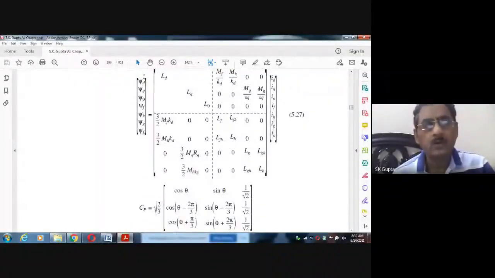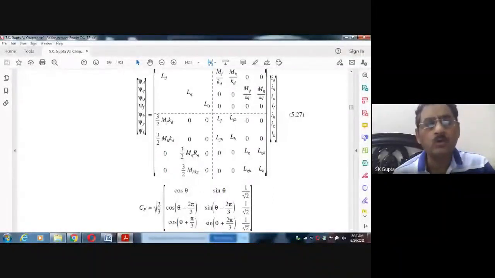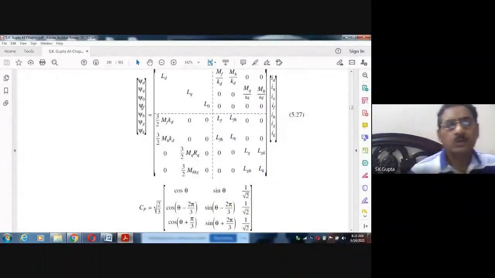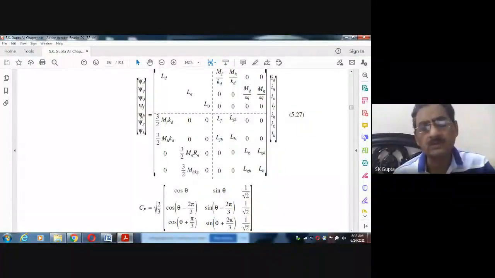3 and 4, 7 equations. So here we are trying to write phi d, phi f, meaning all the equations on the d axis. Phi d is on the d axis, f is also on the d axis, and h is also on the d axis. H is a damper winding. There are 3 damper windings, one winding on the d axis, and g and k are on the q axis.